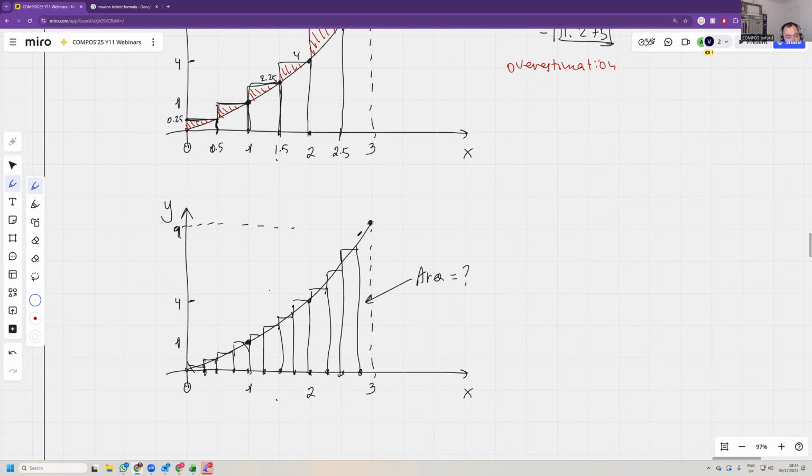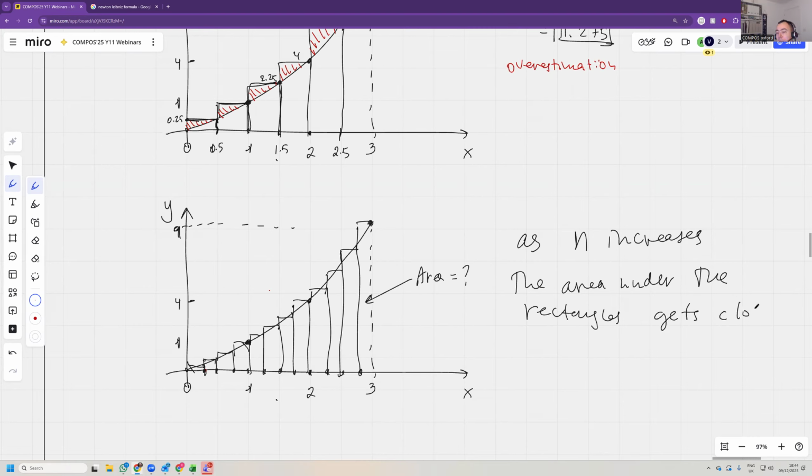So as you can see, as n, the number of rectangles, increases, the area under the rectangles gets closer to the area under the curve.